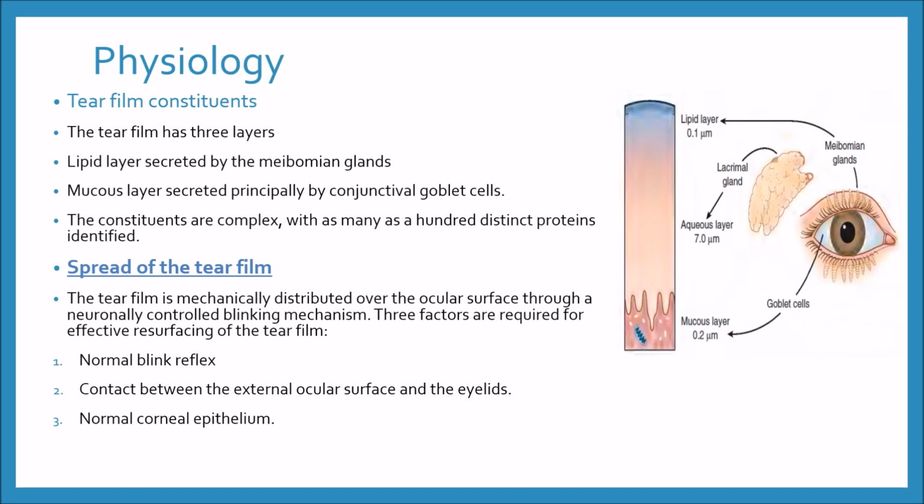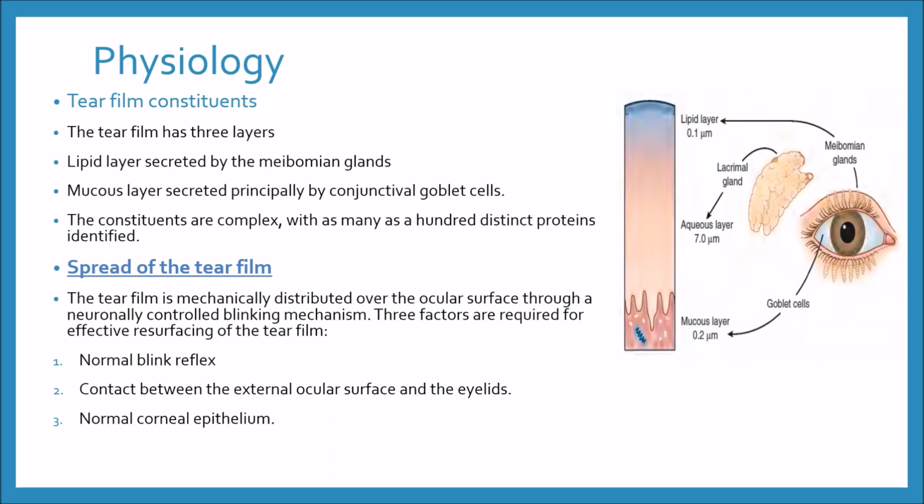First one is the lipid layer. It is the topmost layer, which is secreted by the meibomian glands. And it is about 0.1 microns in depth.